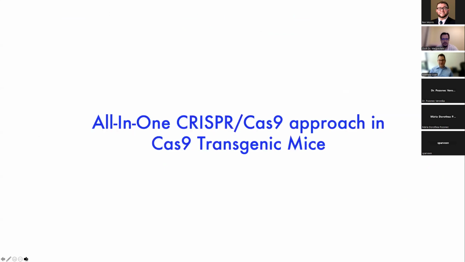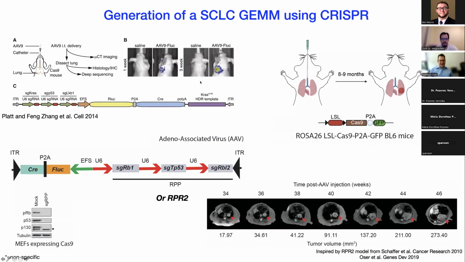Okay, so now we're going to switch gears to, can we do this easier with an all-in-one CRISPR-Cas9 approach? When I was thinking about this, this was actually 2014. I was beginning my postdoc in Bill Kaelin's lab. And from Feng Zhang's lab, Randy Platt came out with the really first transgenic Cas9 mouse paper.